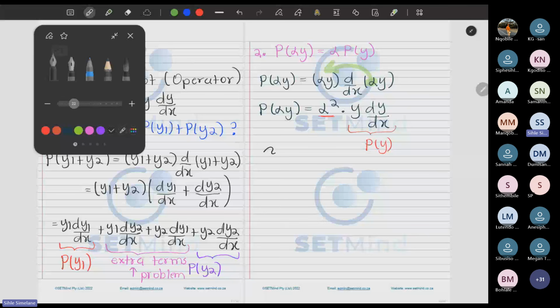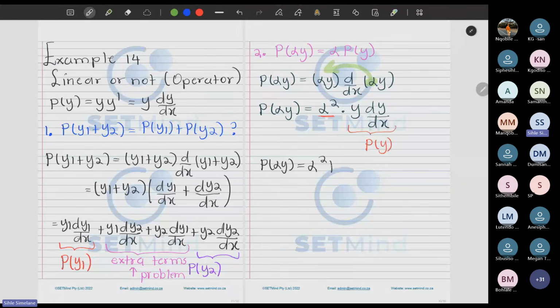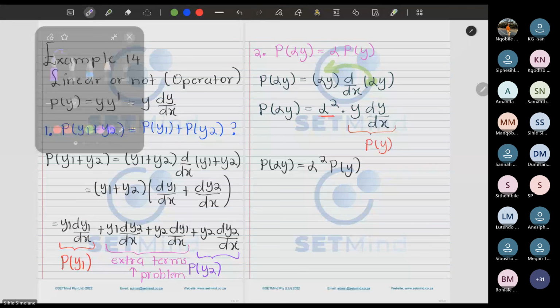My answer is p of alpha y equals alpha squared p of y. What is the problem here, guys? Anyone?